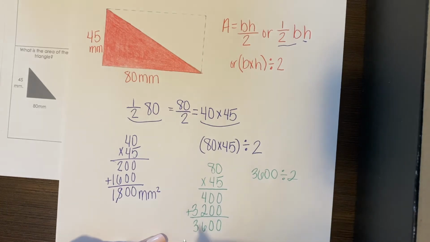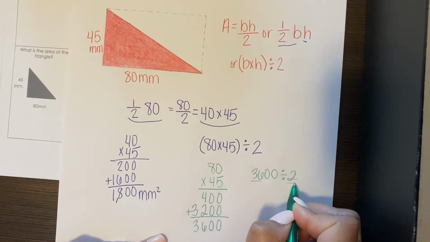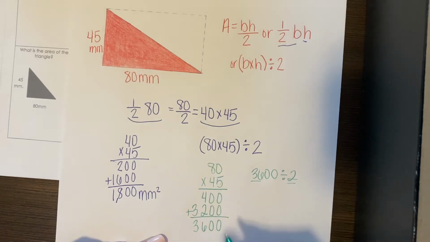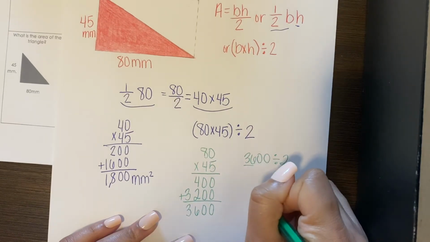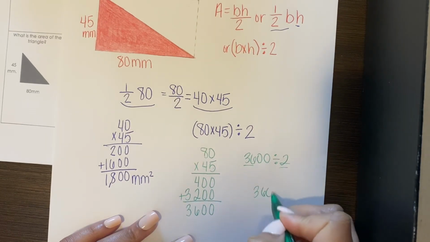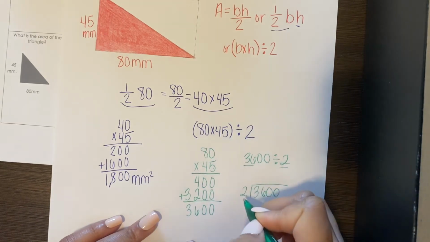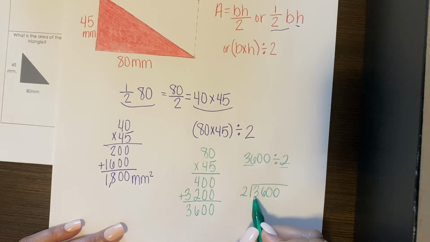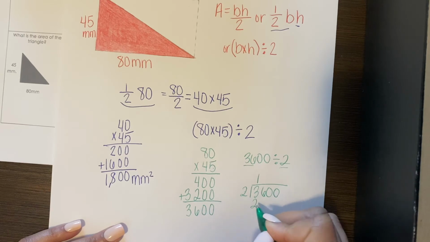So you can do it this way using mental math. I know that 36 divided by 2 is 18, and then I would add the 2 zeros. Or if you don't feel comfortable doing that and you want to do long division, you can take your dividend and divide it by 2. 2 goes into 3 one time. 1 times 2 is 2.